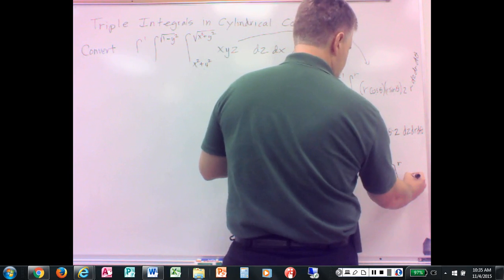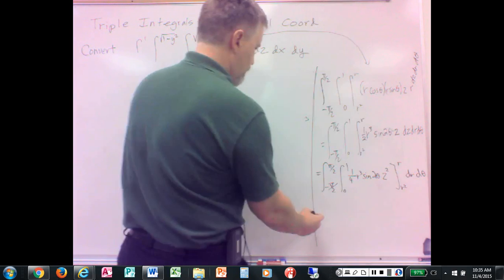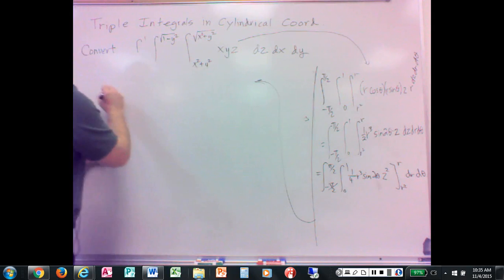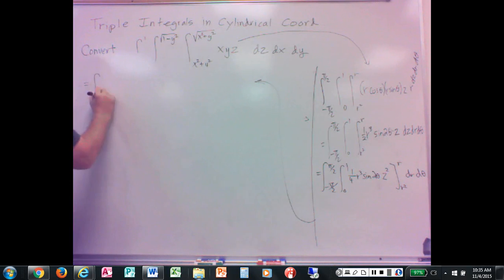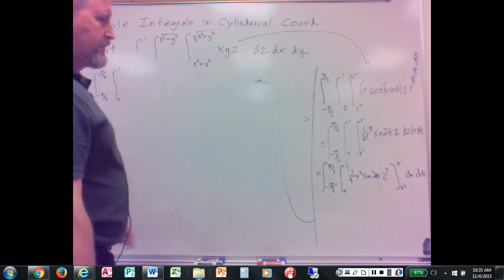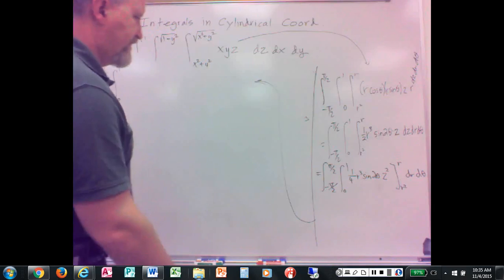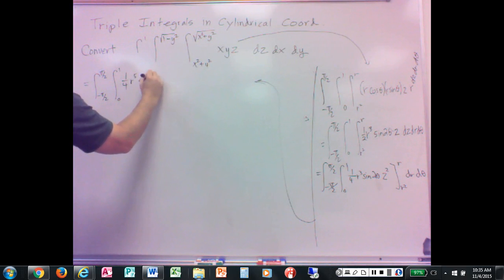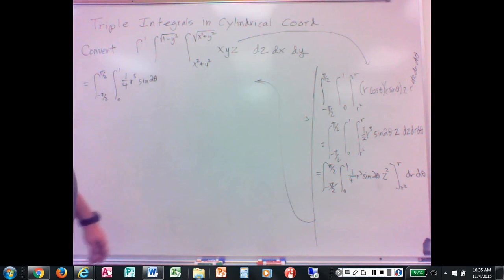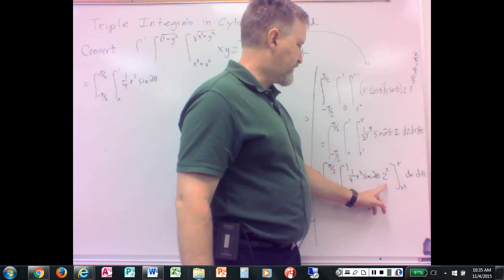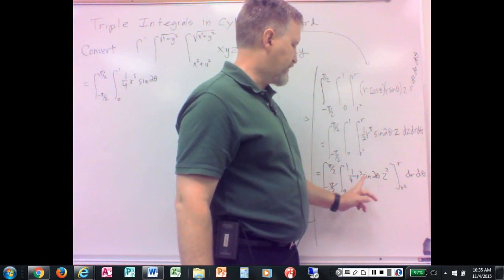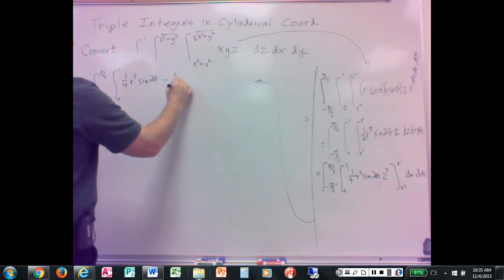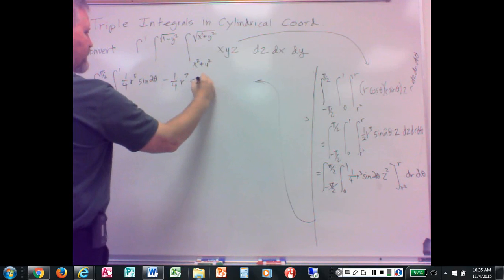So we plug in the r, we have r to the 5th, so that'd be 1/4 r to the 5th. And then plug in r squared, so that'd be r squared squared, so r to the 4th, so r to the 7th. So it'd be minus 1/4 r to the 7th sine of 2 theta.